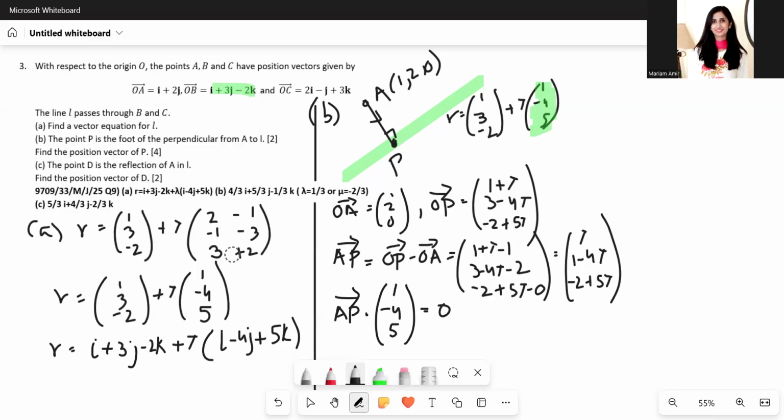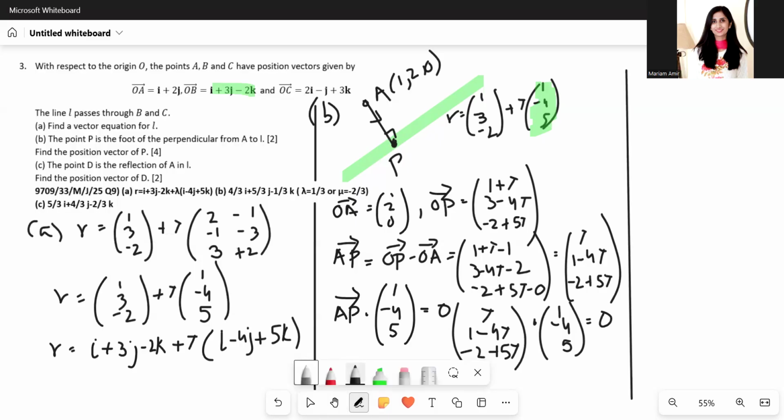So AP is lambda, 1 minus 4 lambda, minus 2 plus 5 lambda, dot 1, minus 4, 5 equals 0, which gives lambda minus 4 plus 16 lambda, minus 10 plus 25 lambda, and this is equal to 0.